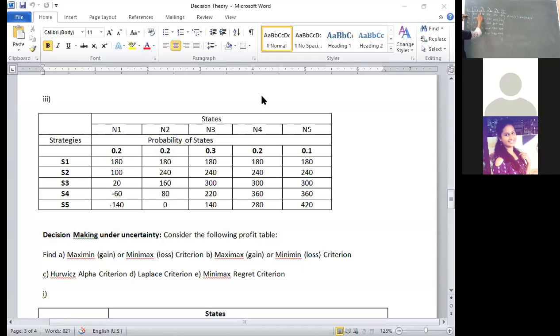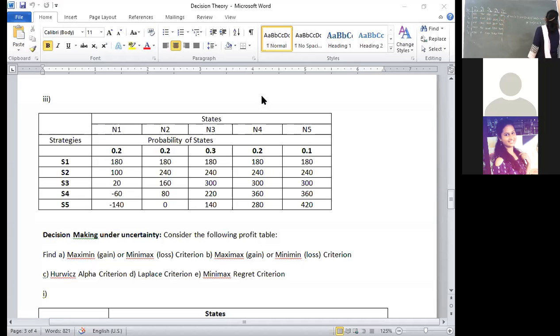Similarly, first row remains the same, the column will change, S1N2, that is 180 into the corresponding probability, again 180 into 0.2, plus S1N3, the value is 180 into the corresponding probability 0.3, plus S1N4, the value is 180 into the corresponding probability 0.2, plus S1N5, the value is 180 into the corresponding probability 0.1.